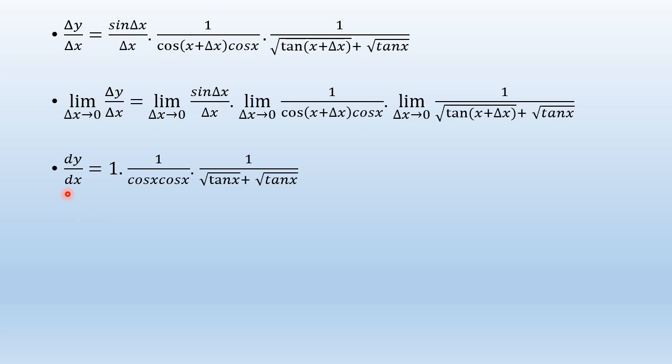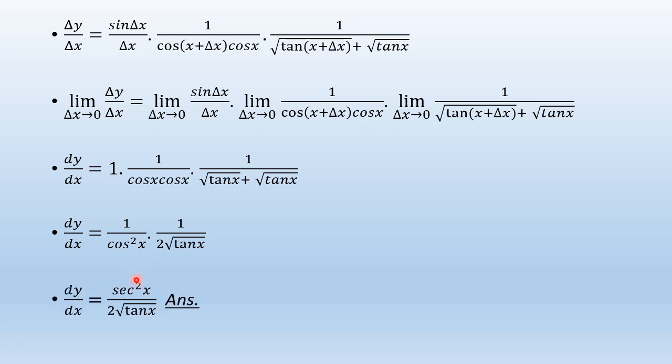So this thing becomes dy by dx is equal to cos square x and 1 by 2 under root tan x. Now you can write this cos square x. You can bring this cos square x to the numerator and you can write it like this, secant square x by 2 under root tan x, and that is the answer.